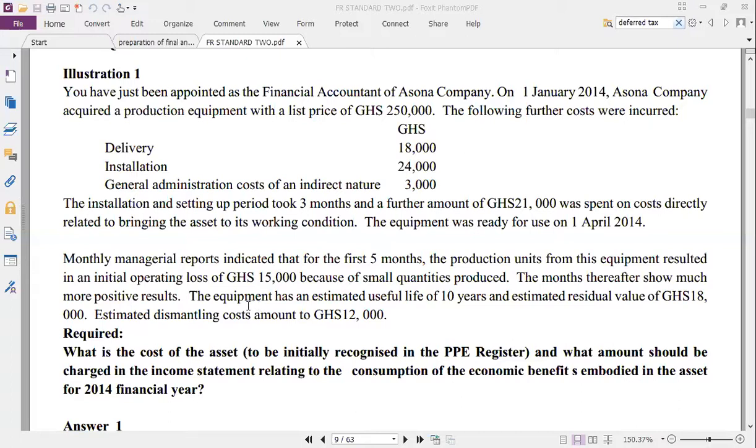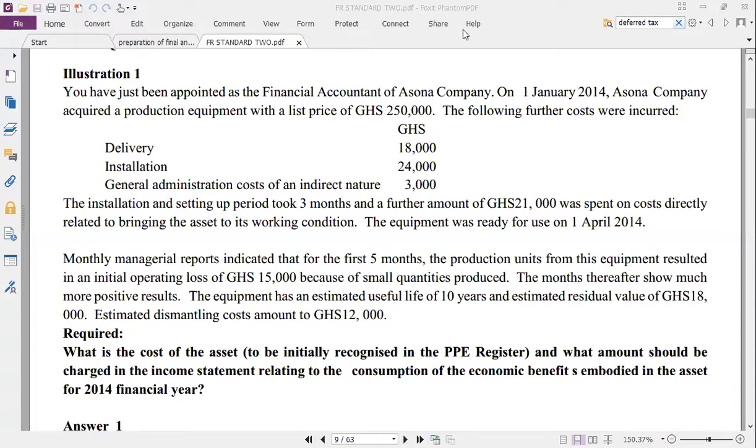Good. The equipment has an estimated useful life of 10 years, an estimated residual value of 18,000, and estimated dismantle cost amounting to 12,000. Will it be part? Dismantle cost. Good.